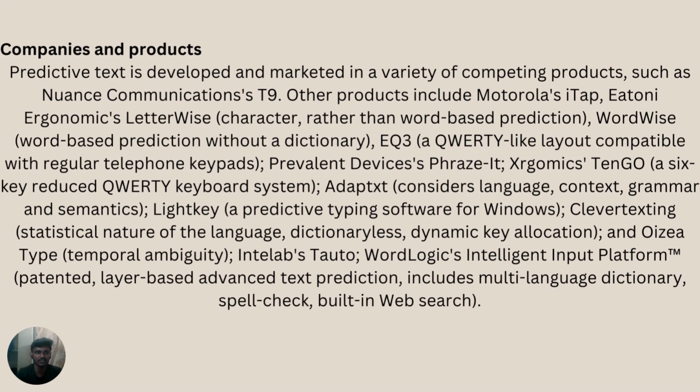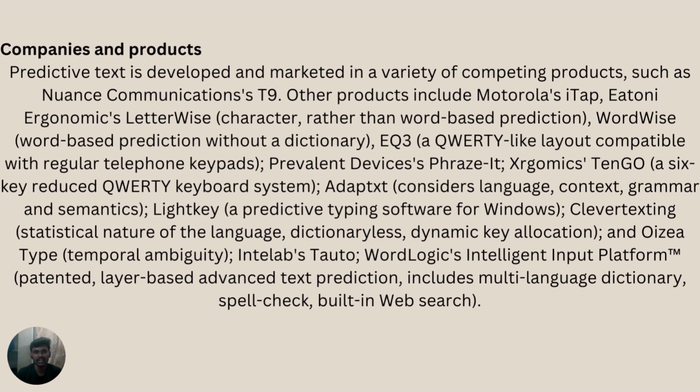Next, companies and products. Predictive text is developed and marketed in a variety of competing products, such as Nuance Communications' T9. Other products include Motorola's iTap, Eatoni Ergonomics' LetterWise, a character rather than word-based prediction, and WordWise, word-based prediction without a dictionary. EQ3, a QWERTY-like layout compatible with regular telephone keypads. Zi Corporation's eZiType, and Tengo, a six-key reduced QWERTY keyboard system.